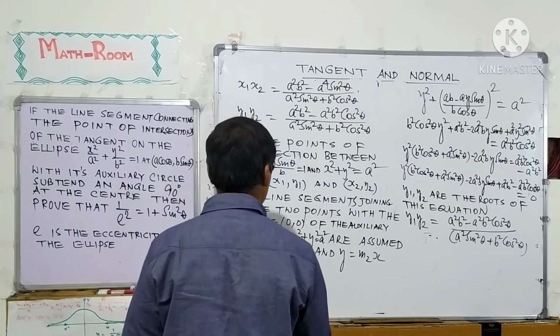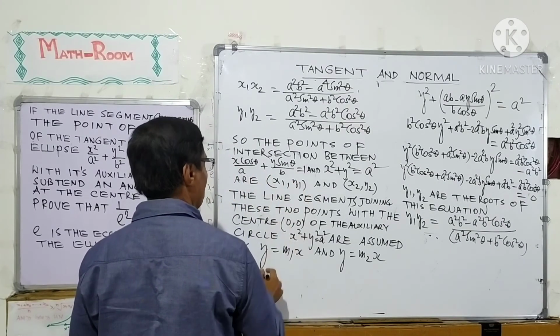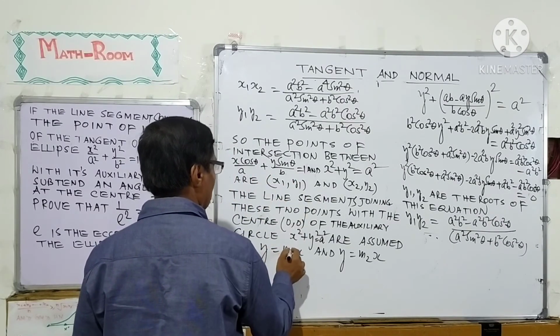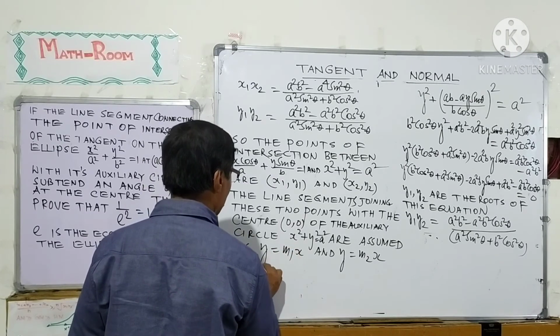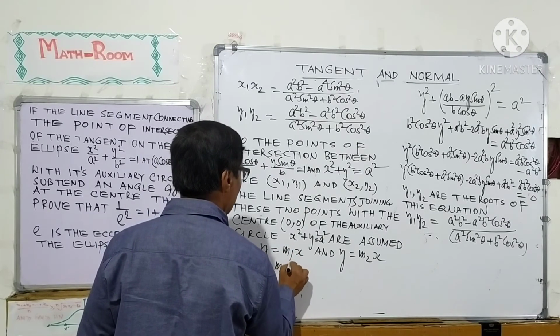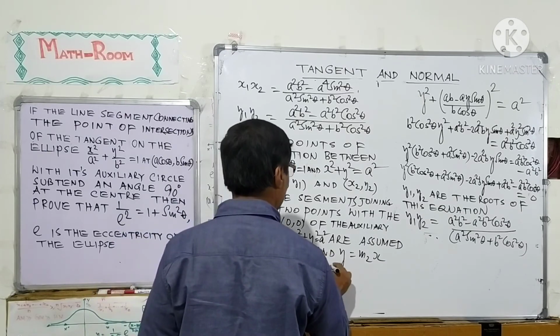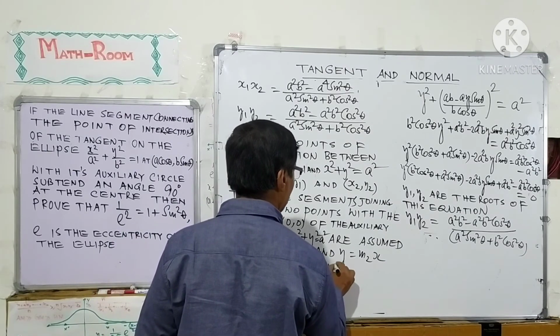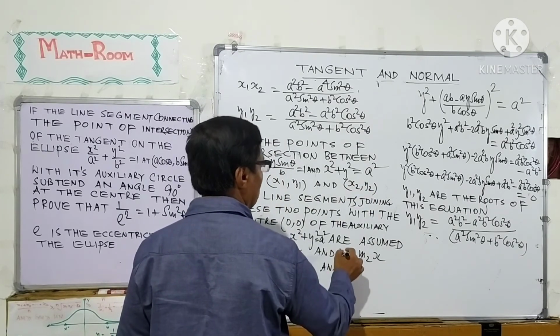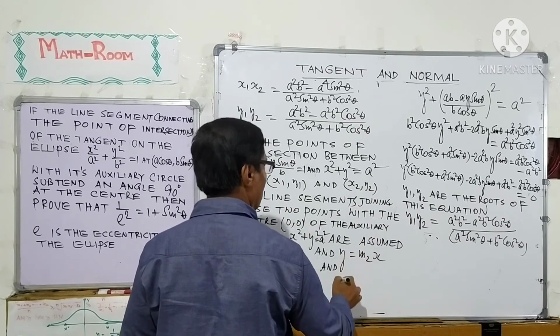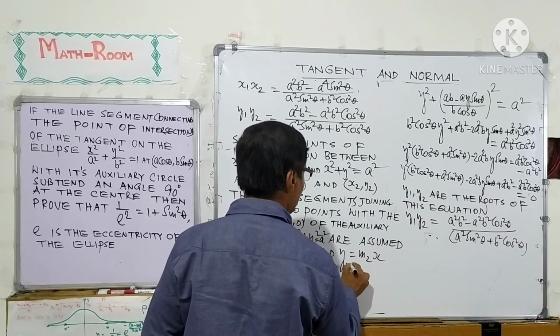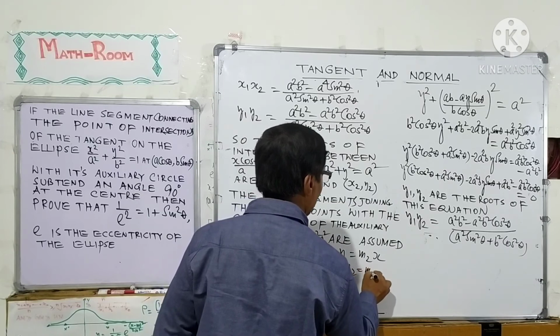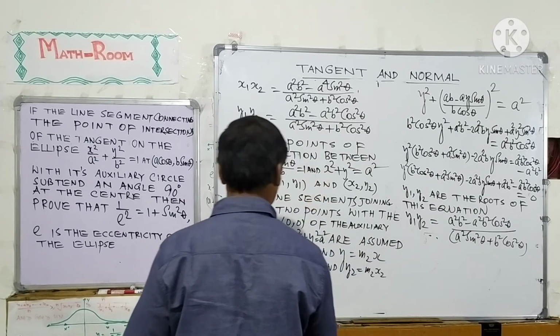Now, x1 y1 is on the line y equal to m1x, that is, y1 equal to m1 x1, and x2 y2 is on the line y equal to m2x, that is, y2 equal to m2 x2.